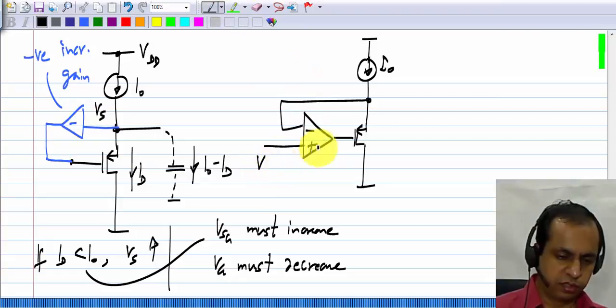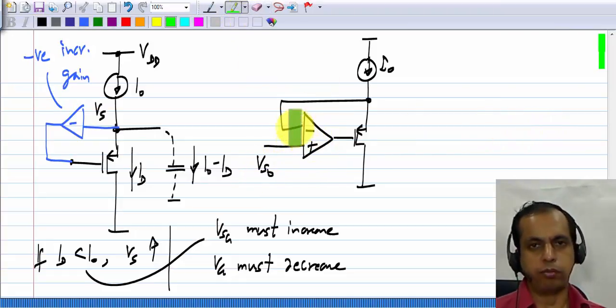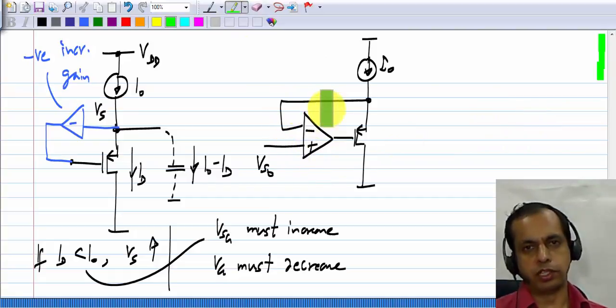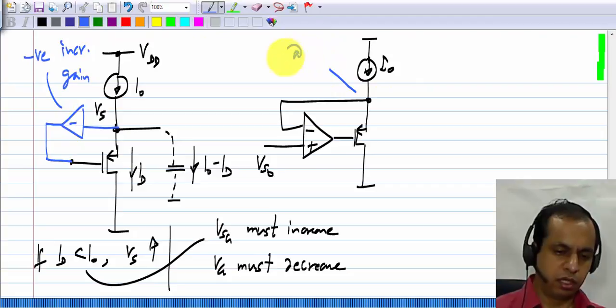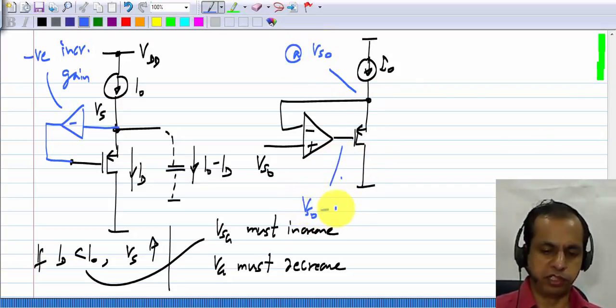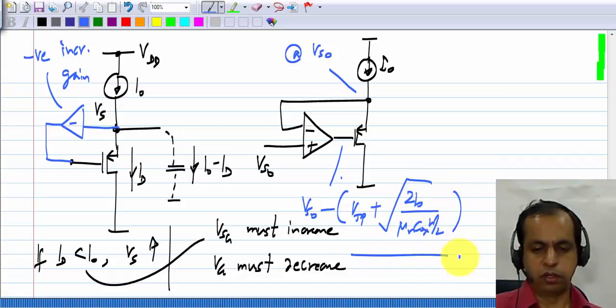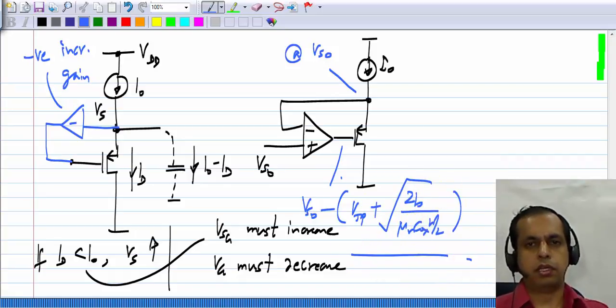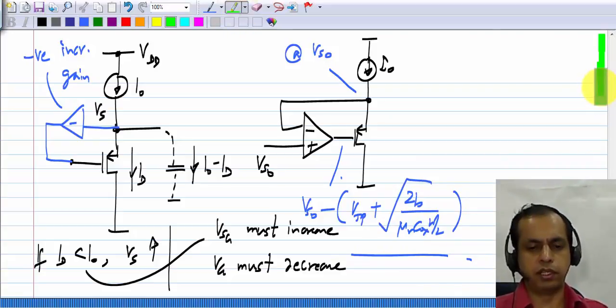This is Vs0 in that if this is an ideal op-amp, because of virtual short when it's in negative feedback, this voltage will be at Vs0, and you can calculate the gate voltage. It will be Vs0 minus the threshold voltage plus the overdrive. Okay. That's the last of the variants for biasing a PMOS transistor at a given current.